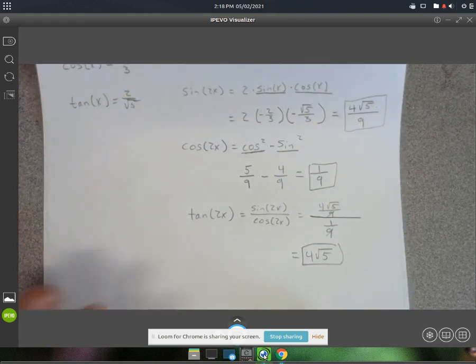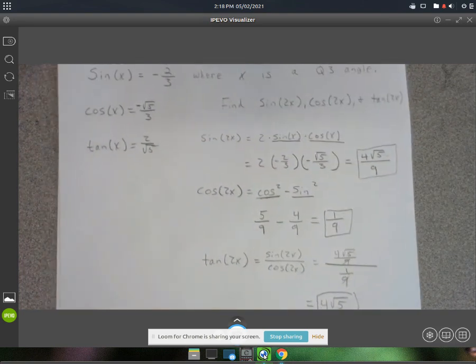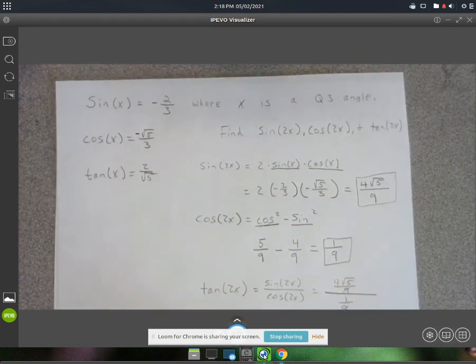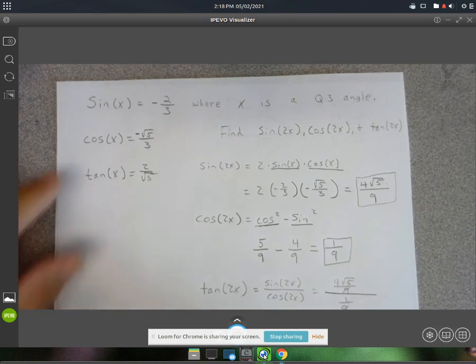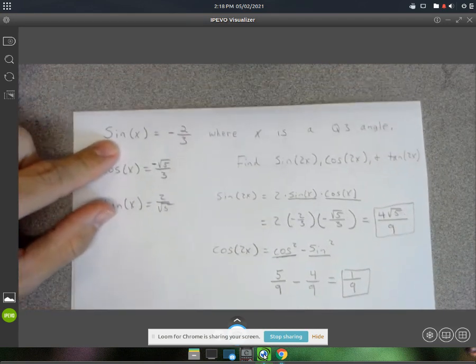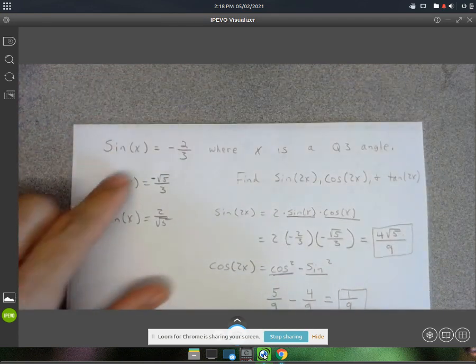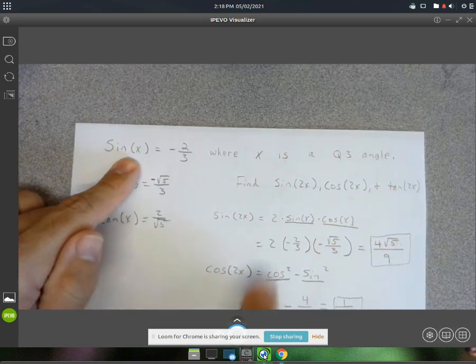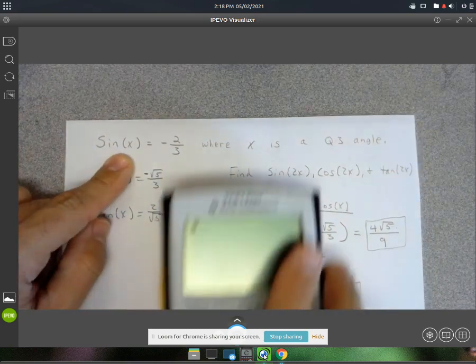And let me show you how to check your answer if you want to do that. So that's the gist of it right here. One way that you could investigate further and check your answer is by solving for the angle. All right. So I'm actually going to figure out what x is. Therefore, I'm going to be able to figure out what 2x is.